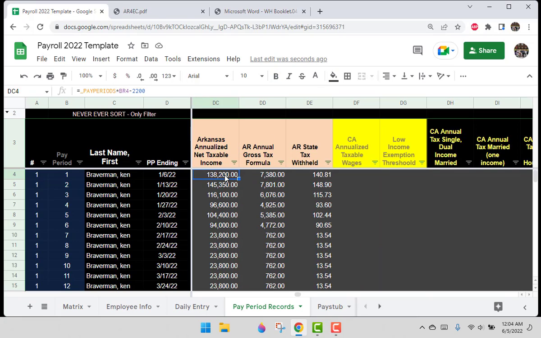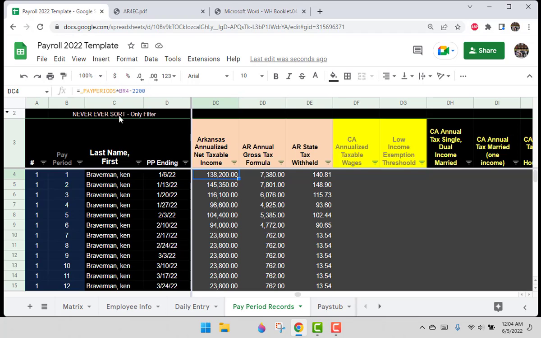So once you figure out what your annualized wages are for the employee, take their per pay period wage, multiply it by the number of pay periods in the year. So this is a weekly file that we're looking at right now that pays every week.